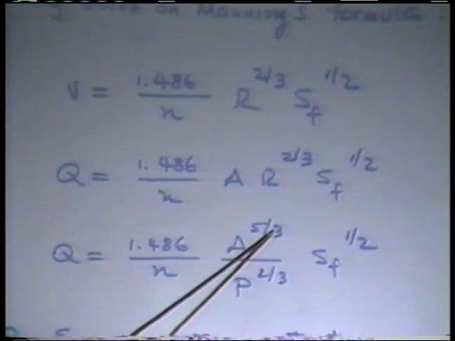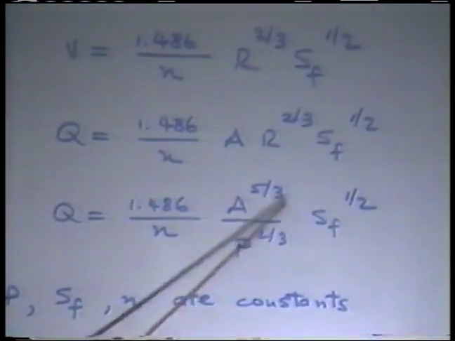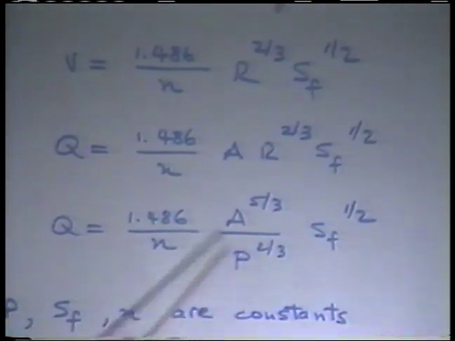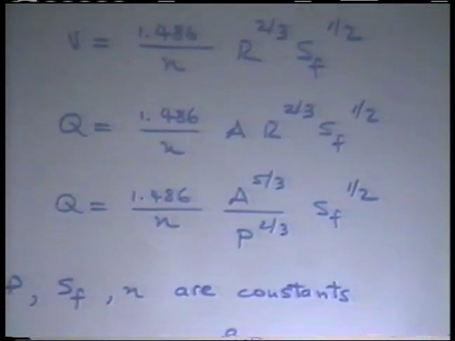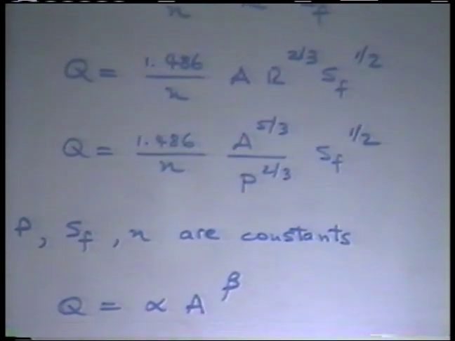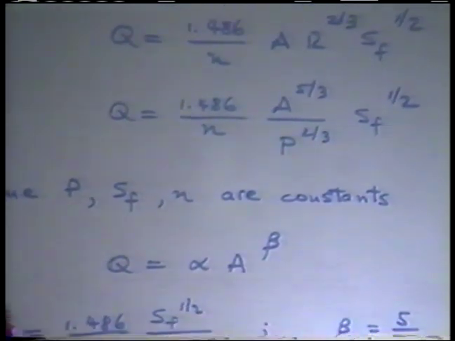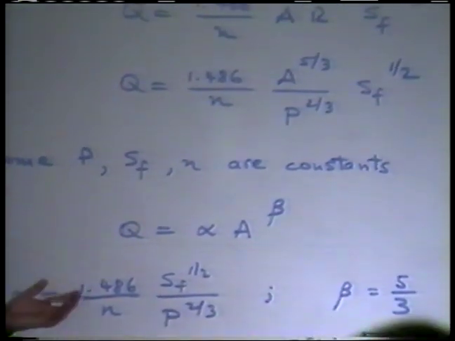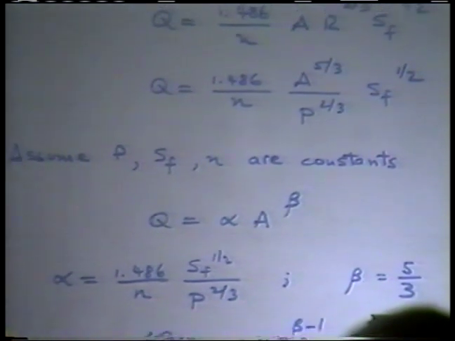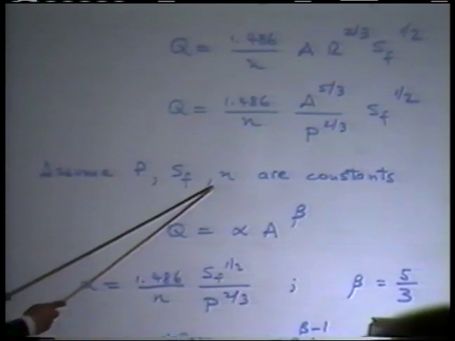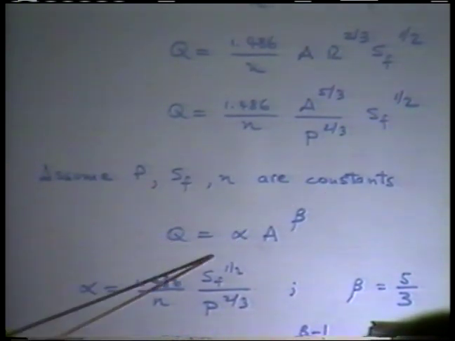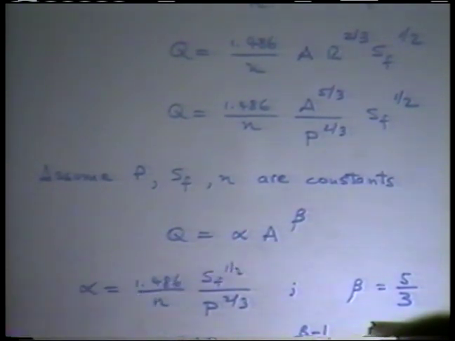And therefore, since the hydraulic radius is by definition equal to area over wetted perimeter, then we can say that the area in here is to the 5/3 and the wetted perimeter to the 2/3, and here we're following something that Light and Whittam as well as Seddon and many other people have done in order to make it solvable and that could be applied in practice. For the time being, we assume that P, the wetted perimeter, the slope, and the Manning's n are constants, and therefore you can get a rating that looks like this.